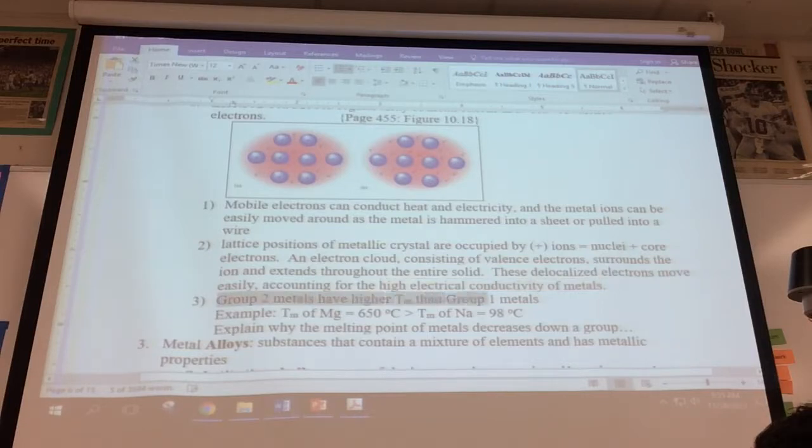Group 2 metals have a higher boiling point than Group 1 metals. Why? Which has a greater sea of mobile electrons? Group 2. Explain why the melting point of metals decreases down a group.